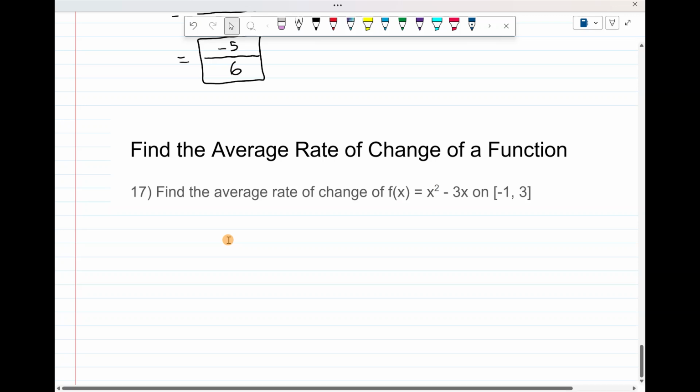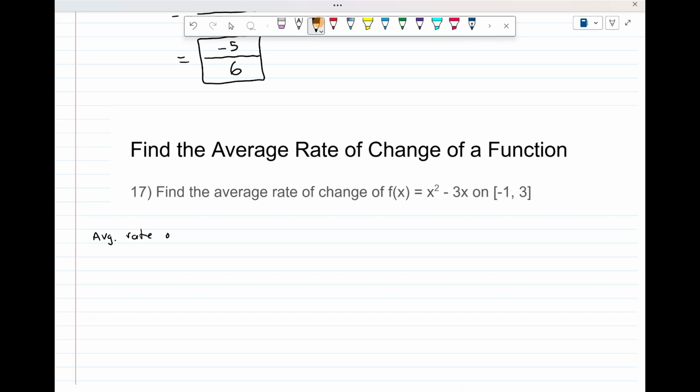We're going to start by writing down the formula, which is the average rate of change equals f(b) minus f(a) divided by b minus a.